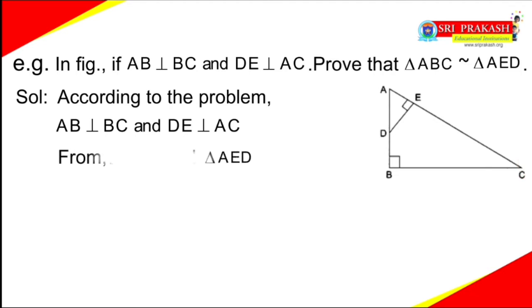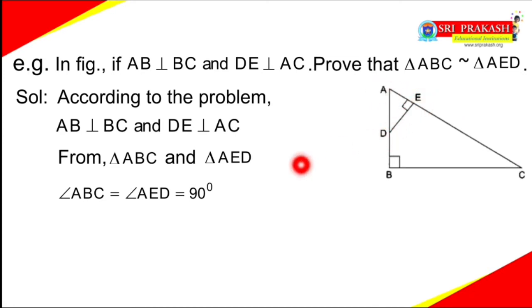Next, from triangle ABC and triangle AED, angle ABC is equal to angle AED is equal to 90 degrees, since AB is perpendicular to BC and DE is perpendicular to AC.